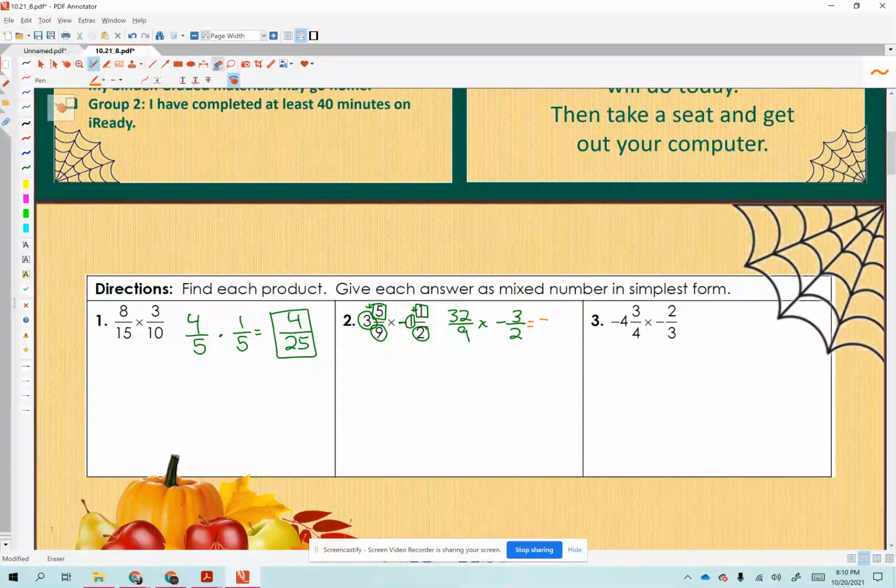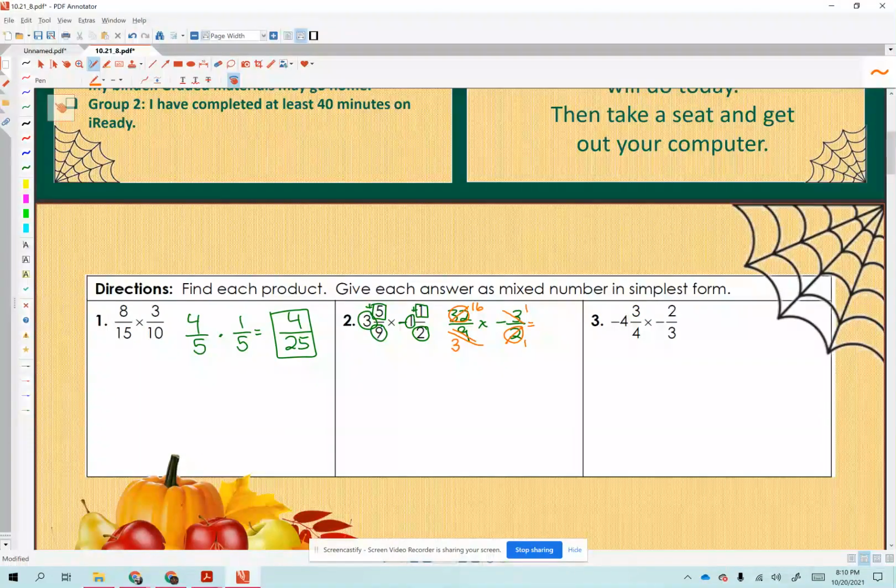Before we even multiply across, let's see if we can reduce these numbers to make this problem a little easier. 2 is a factor of 32. So 2 divided by 2 is 1, and 32 divided by 2 is 16. 3 is a factor of 9. So 3 divided by 3 is 1, and 9 divided by 3 is 3.